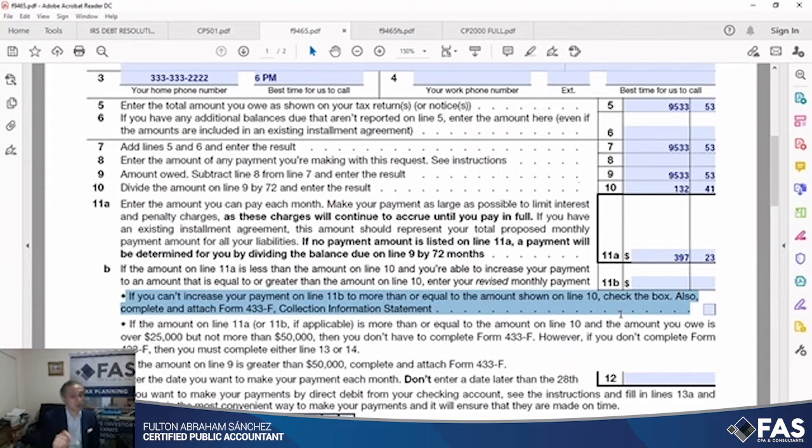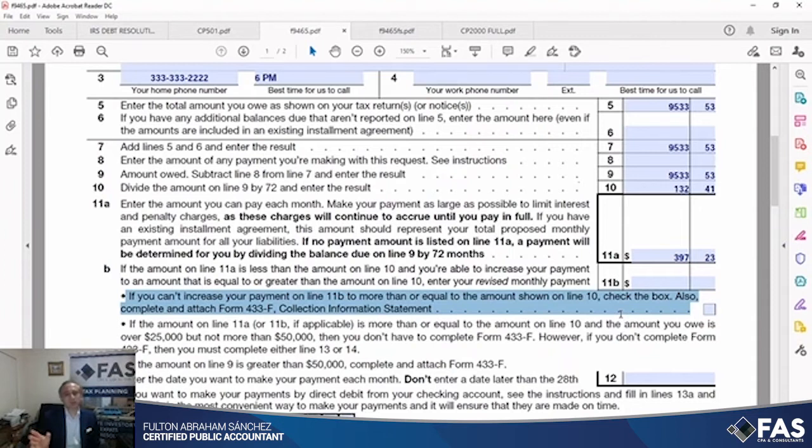Otherwise, the IRS will not believe you and will reject the case, and you will lose the installment fee. Second, do the offer in compromise only with an attorney, a CPA, or an enrolled agent. Do not do it with anybody else, because the IRS will not accept that application unless it's done through one of these 3 professionals.